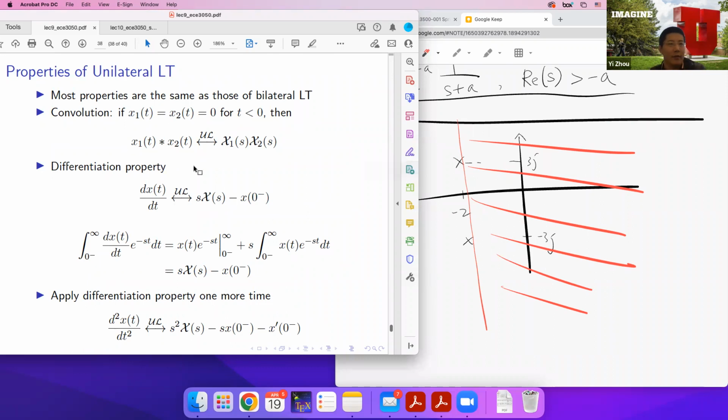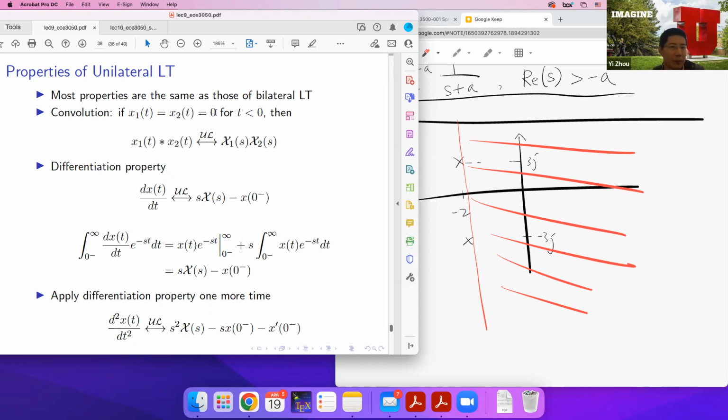And these are the fundamental properties of the unilateral Laplace transform. There are some differences between them and the properties of the bilateral transform. First of all, convolution.